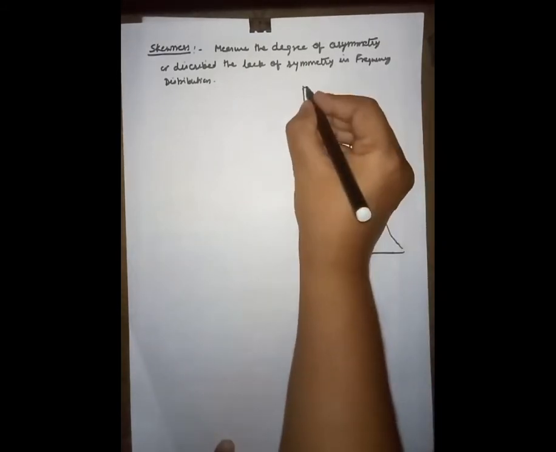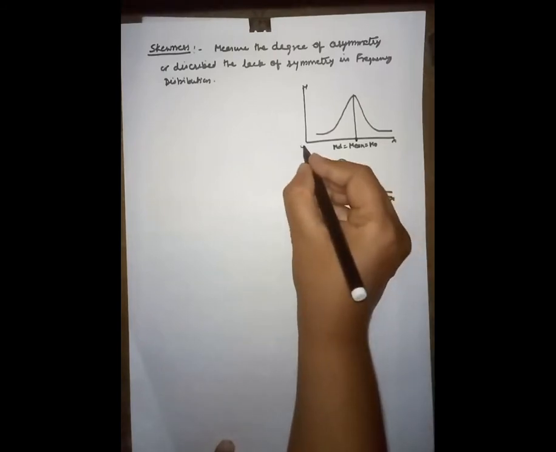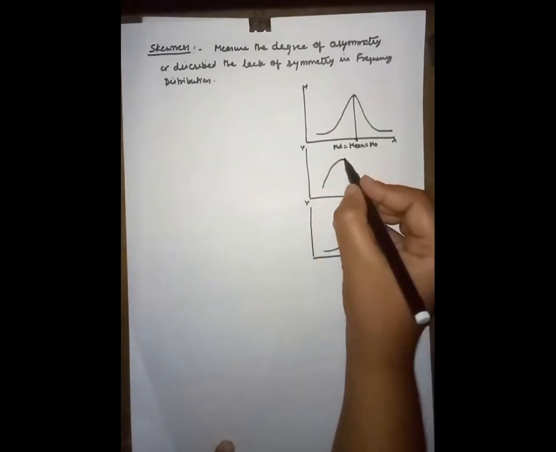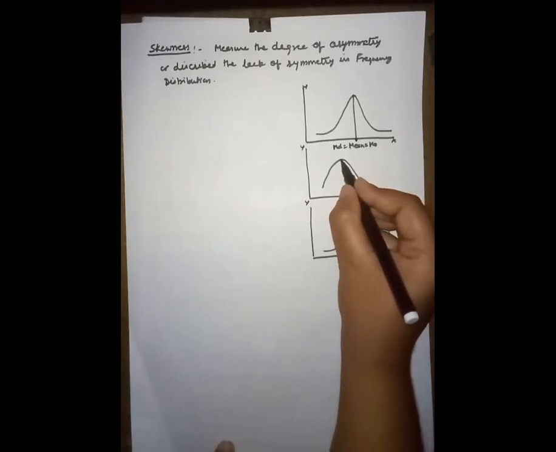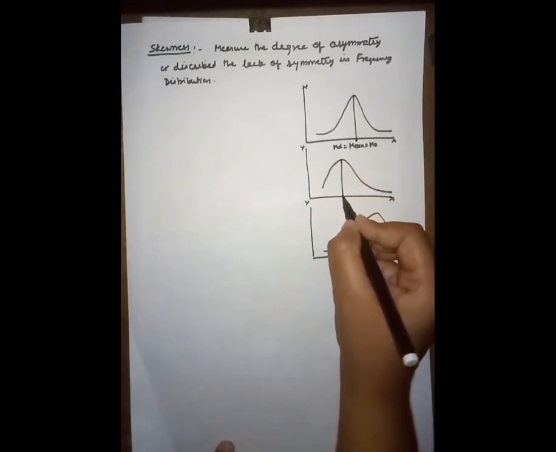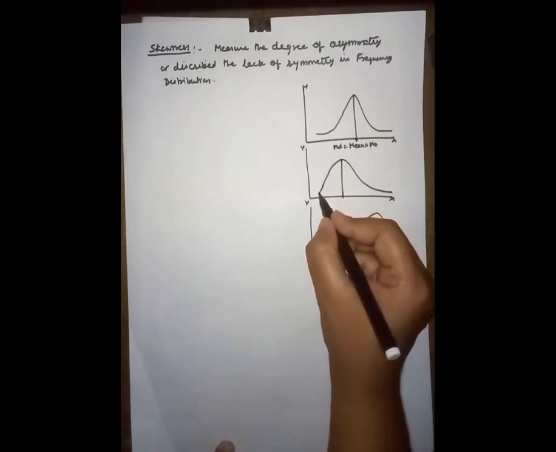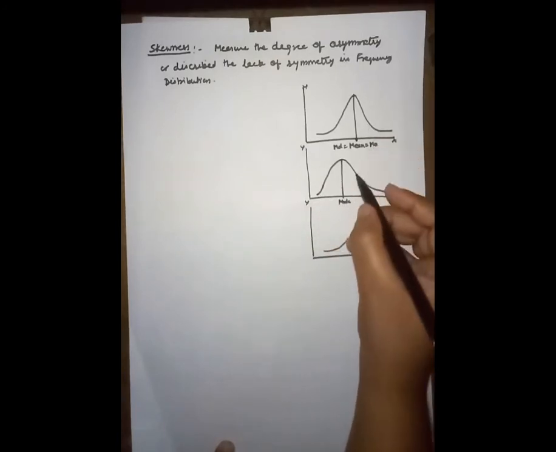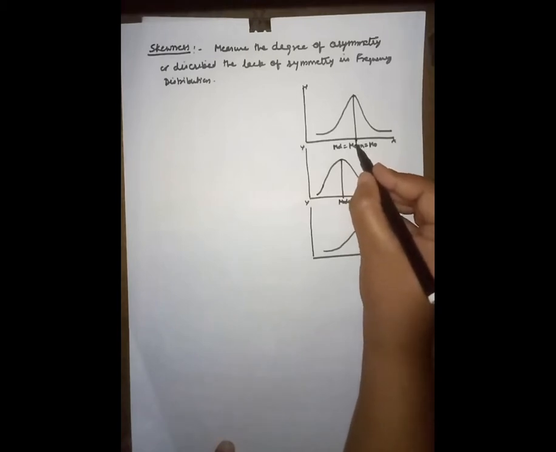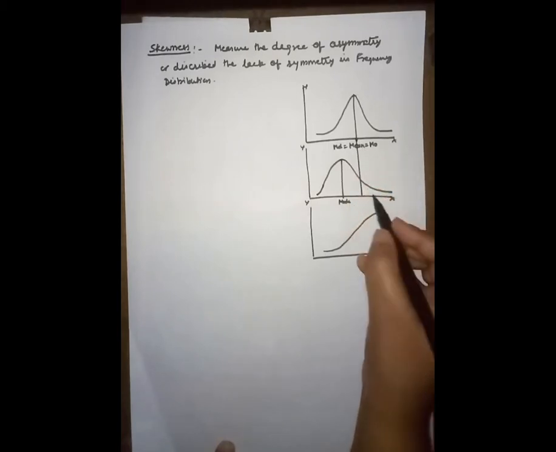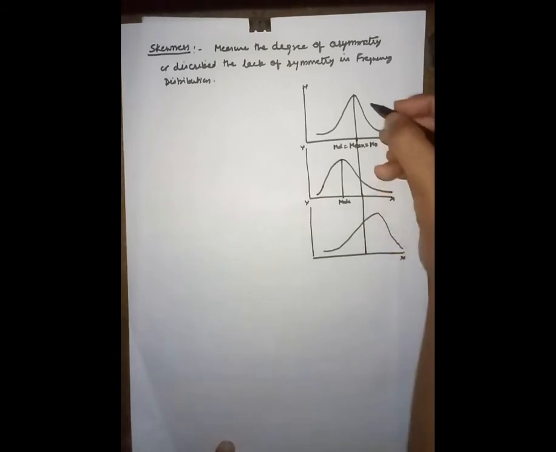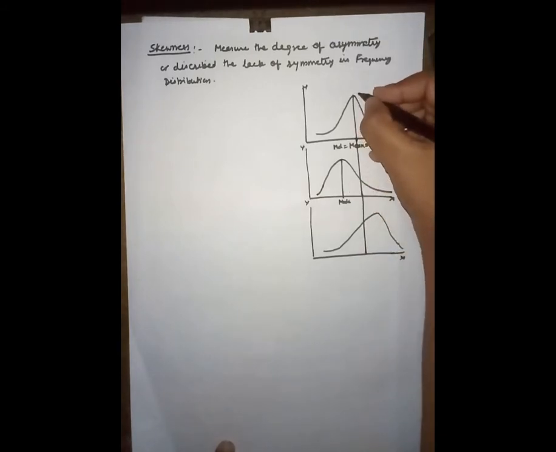This is x and this is y. Here this is the mode, and the axis of symmetry. This line shows the axis of symmetry.